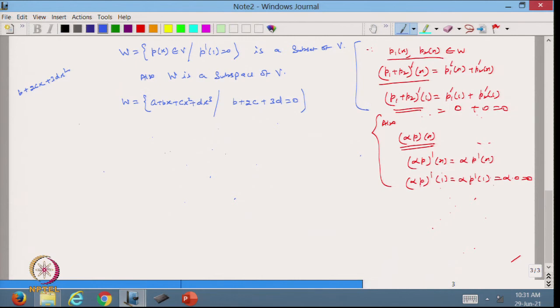So, this is the derivative of the polynomial, and if I put 1 here, it will become b plus 2c plus 3d, and this should be equal to 0.